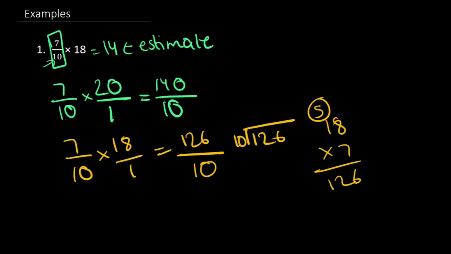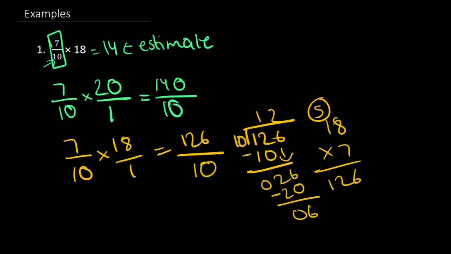So 10 goes into 12 one time. And then let's subtract: 2 minus 0 is 2, 1 minus 1 is 0. And then we drop down the 6. And then 10 goes into 26 2 times. And then we subtract: 6 minus 0 is 6, and 2 minus 2 is 0. So our mixed number will be 12 and 6/10.